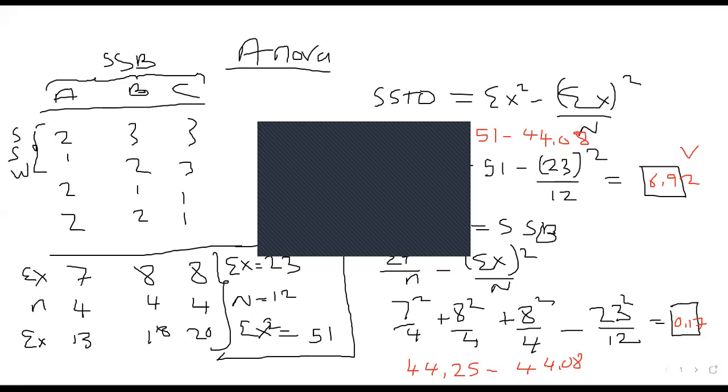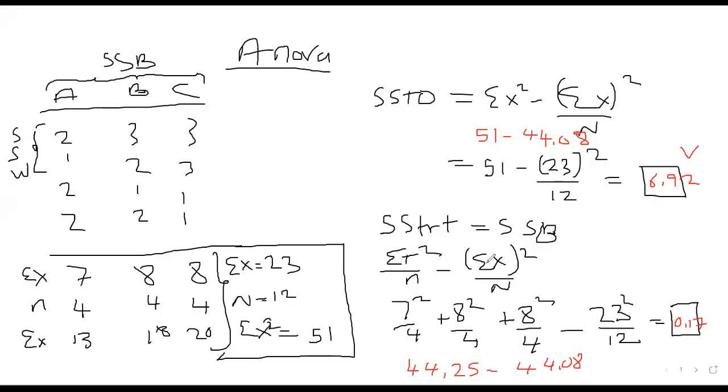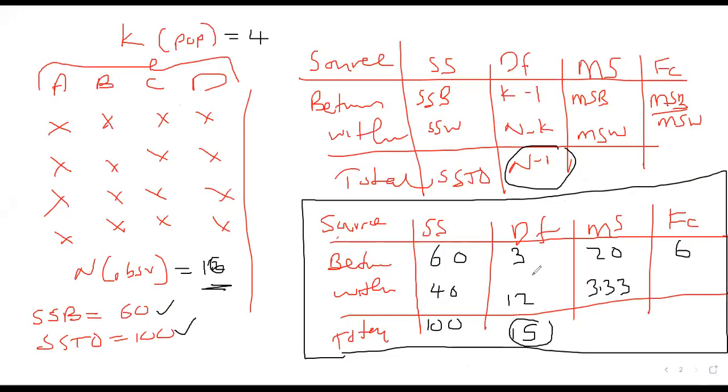After we have solved that, we now need to learn how to conduct an ANOVA for this data. So our task now is to conduct an ANOVA test. So we use the number of populations. How many populations are there? There were 4, right?